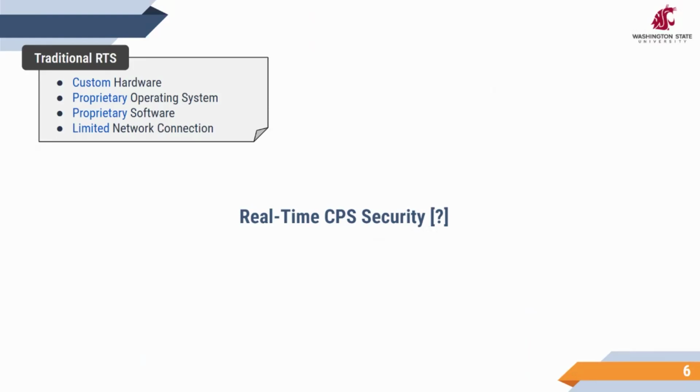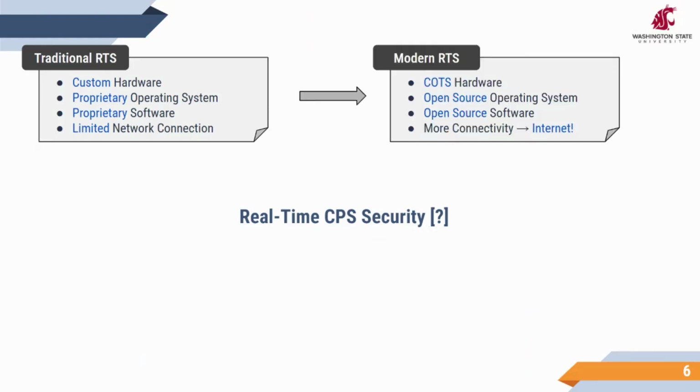But with the emergence of modern connected things, developers of modern cyber-physical systems now use more and more off-the-shelf hardware and software. They tend to use more open source software, operating systems, APIs, protocols, and more importantly, they have become more ubiquitous.